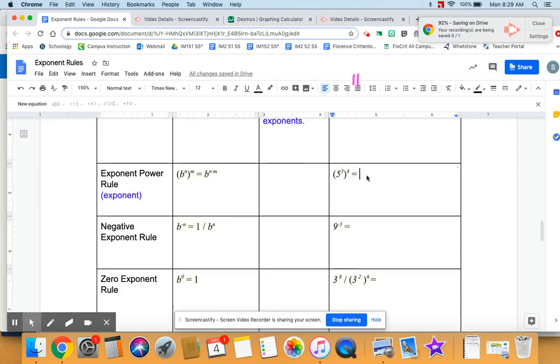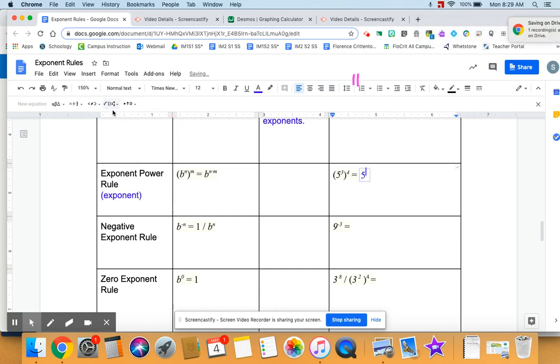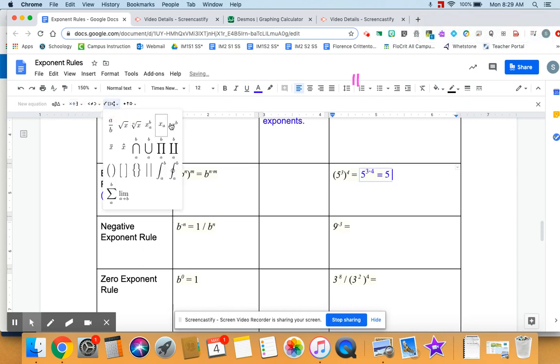So if I came down here, and I'm just trying to use the rule only, then it becomes 5 to the power of 3 times 4. And it ends up becoming 5 to the power of 12.